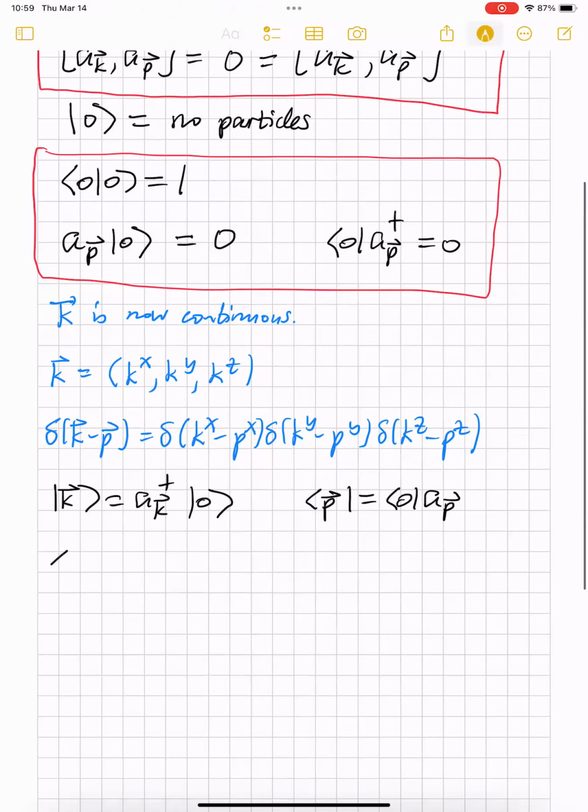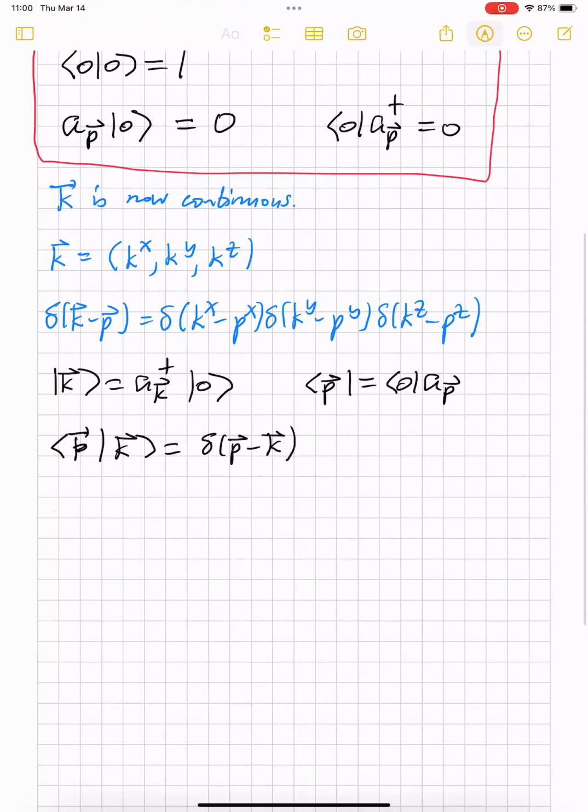Now you can go ahead. This is a very simple computation. I'm sure you can do this. If you calculate the overlap between bra p and ket k, you will now get the Dirac delta, not the Kronecker delta. So that's the difference. So everywhere where you saw Kronecker deltas appearing, they will all now become Dirac deltas.